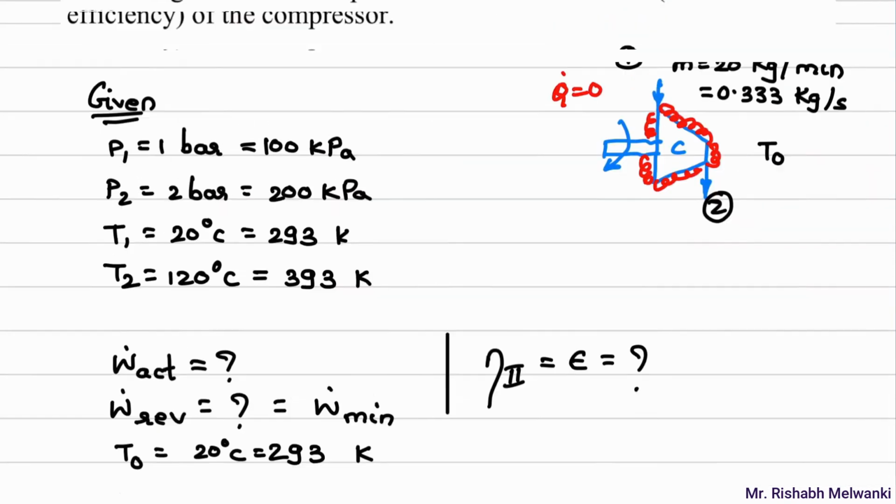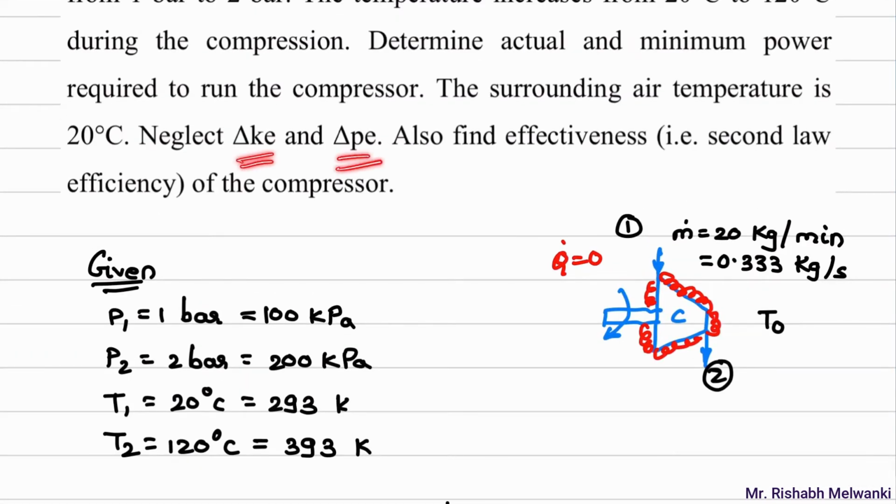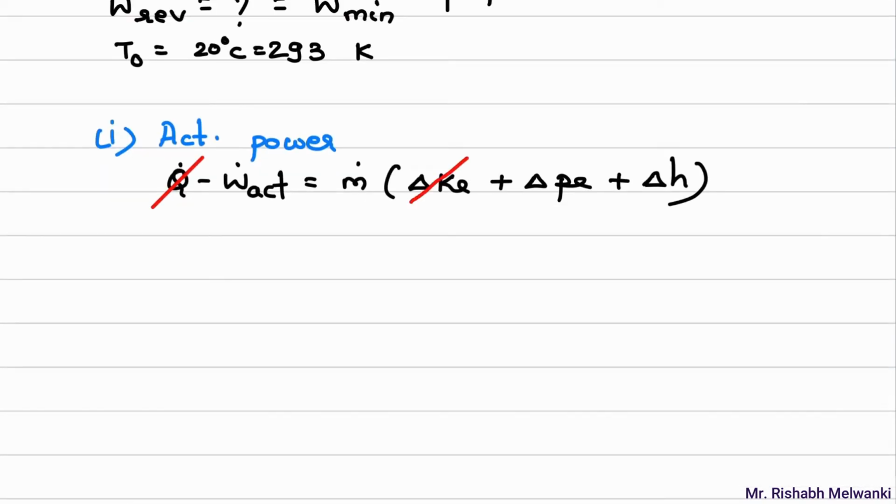Then change in kinetic energy and change in potential energy, they have asked to neglect in the question. So I'll cancel change in kinetic energy and change in potential energy. What I get is W dot actual is equal to, taking the negative sign on the right hand side, minus m dot into delta H. Now for air, delta H I can write as Cp into temperature difference.